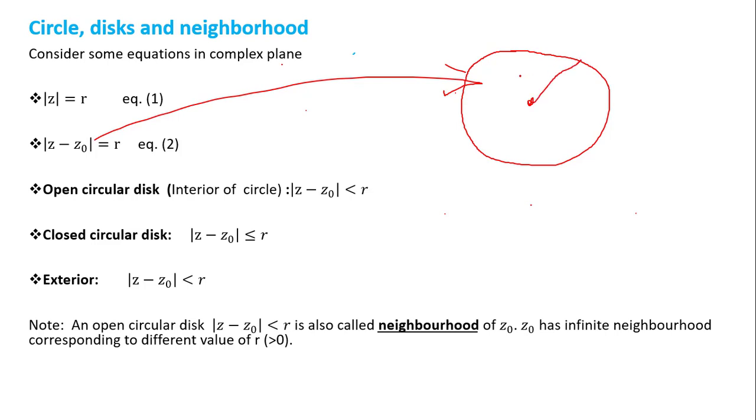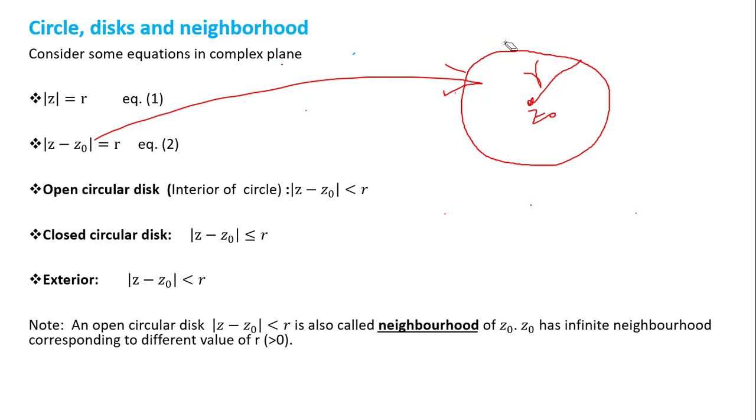So this is radius r and this point is z naught. Now what about mod of z minus z naught less than r? It means the region inside the circle, the area inside this circle, boundary is not included. So how to draw that?